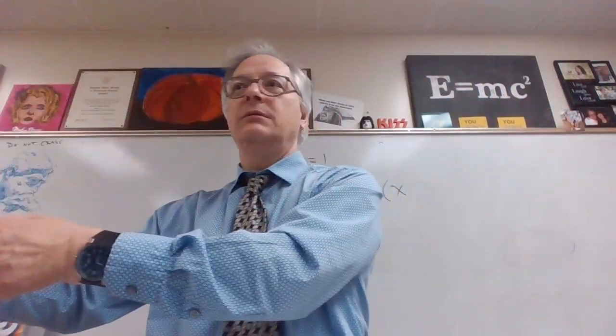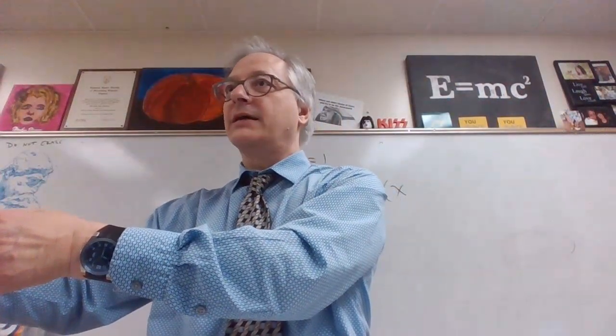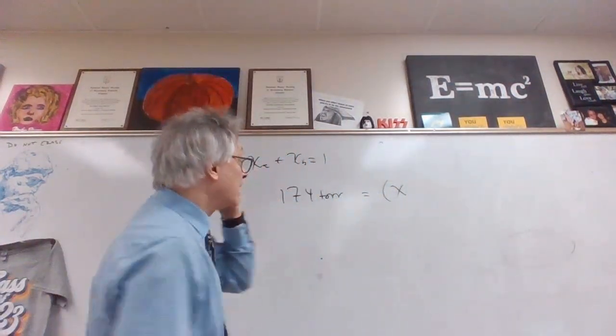But if I have half a pizza and you have half a pizza, we're splitting it, we have one pizza. So if I've got a mixture of two things, and part of it is X, the other part has to be 1 minus X.